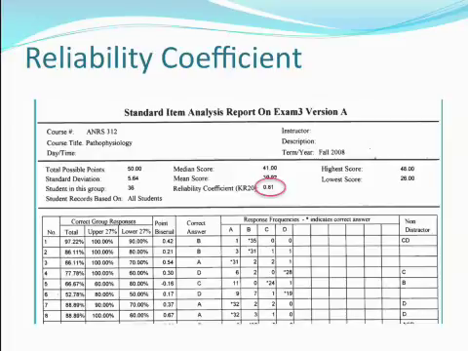So when we think about the range of scores, remember it's from 0 to 1. In nursing, a reliability coefficient of 0.50 or greater can be considered a good coefficient for nursing exams, because most nursing exams cover multiple concepts and topics.